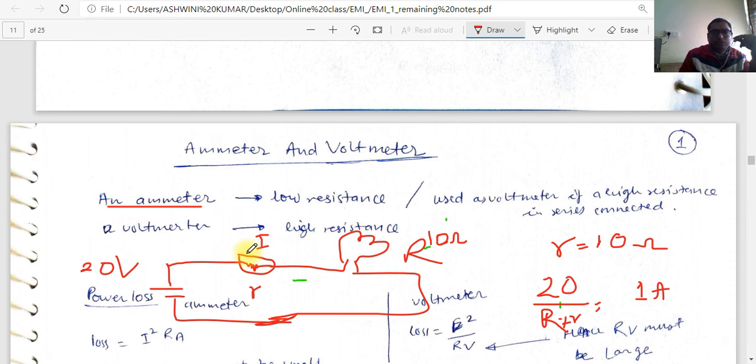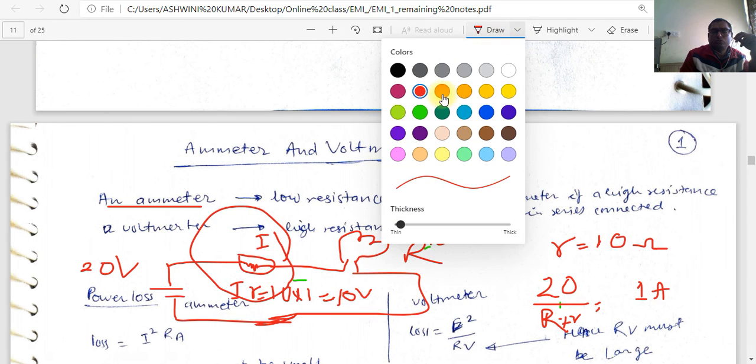If we take the load portion, the resistance R is equal to 10 ohm into 1 ampere, IR equal to 10 volt drop appears across this.